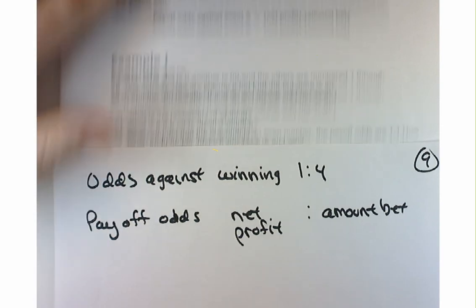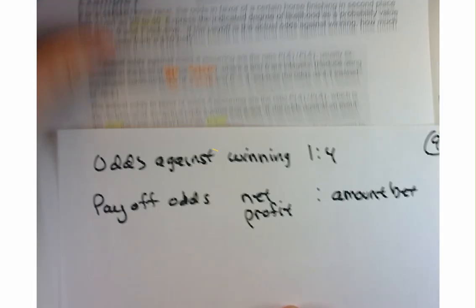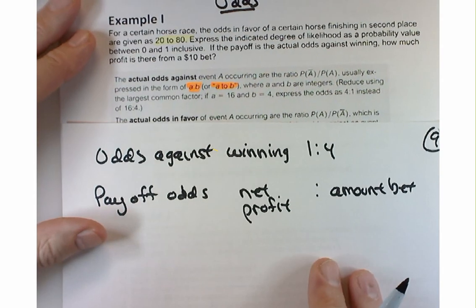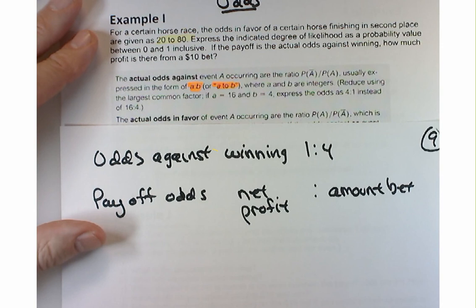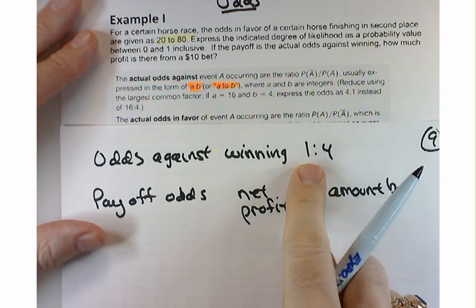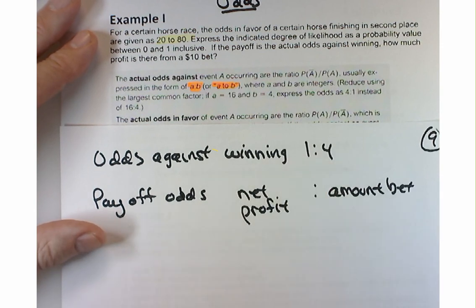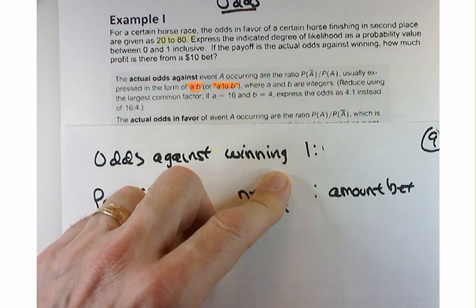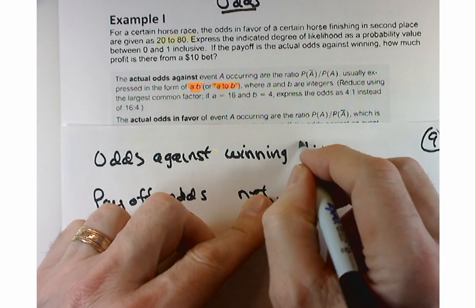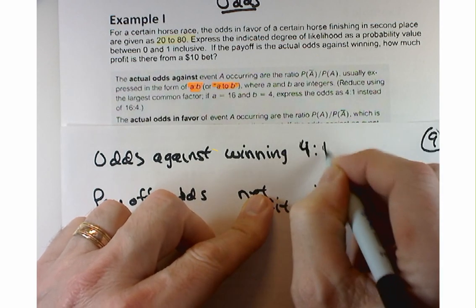So back up to the question then. With our ratio of, let's see. But you know what? I got this backwards, don't I? Yeah. So the odds against winning were 4 to 1.